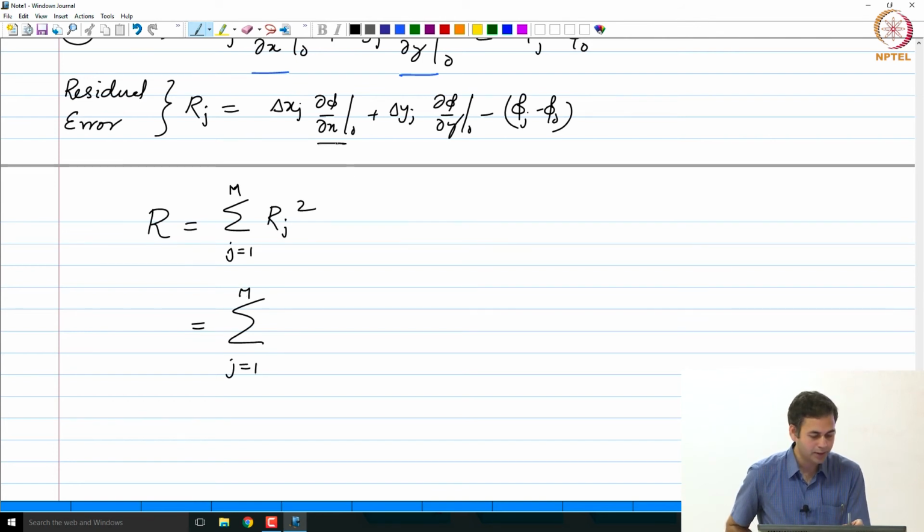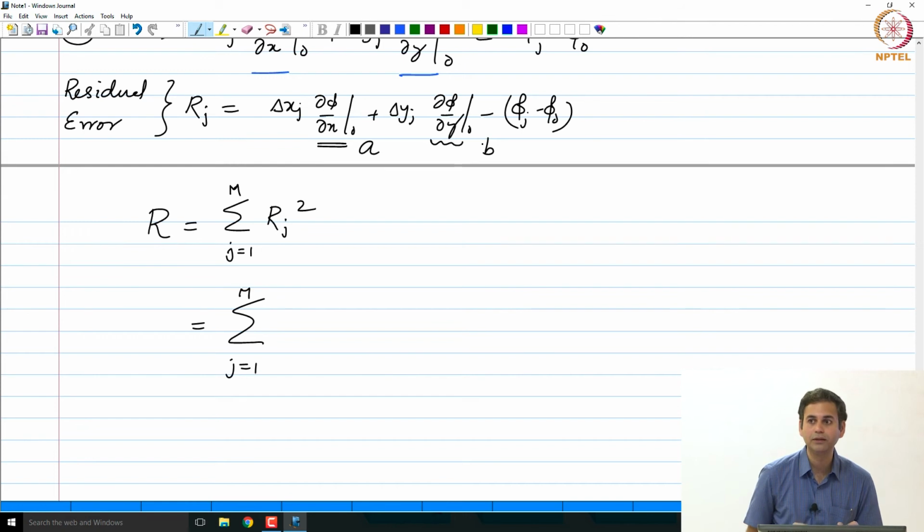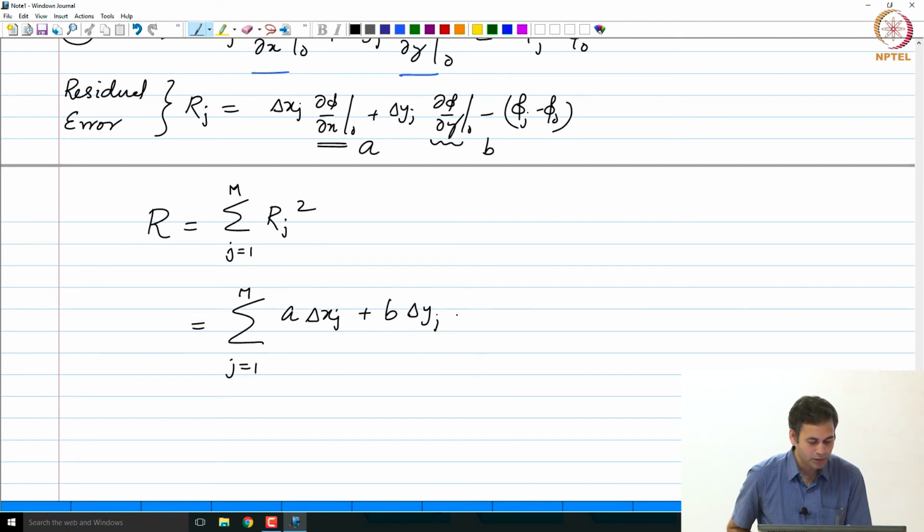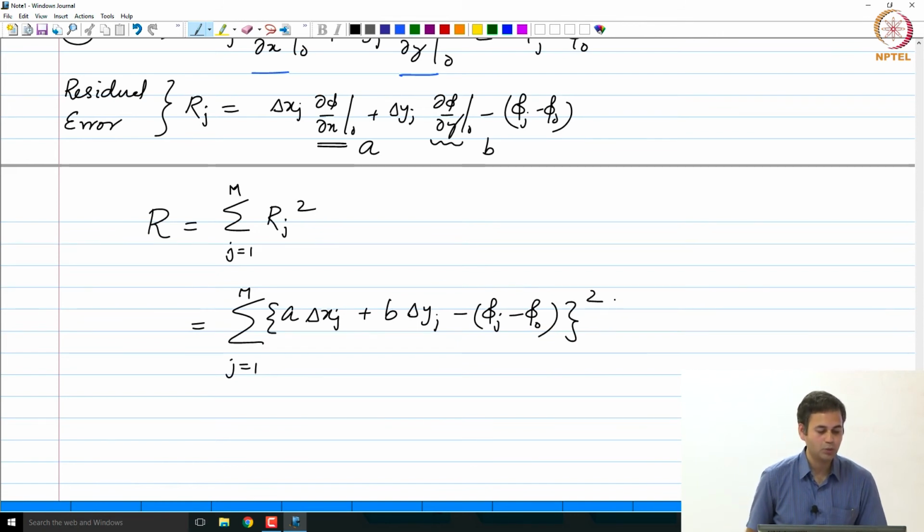Let me also write partial phi partial x 0 as some variable a, and partial phi partial y 0 as another variable b. A and b are the unknowns that we intend to get out of this problem. So, this is a times delta x j plus b times delta y j minus phi j minus phi 0, whole square, is what we have to minimize.